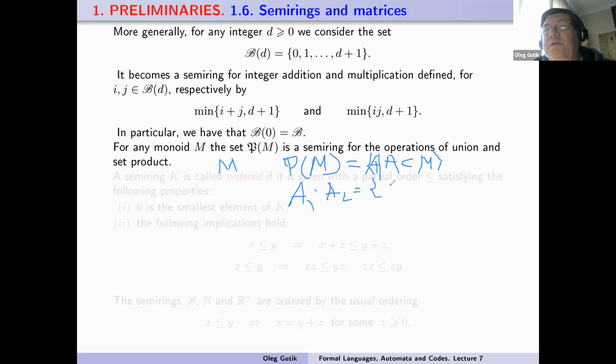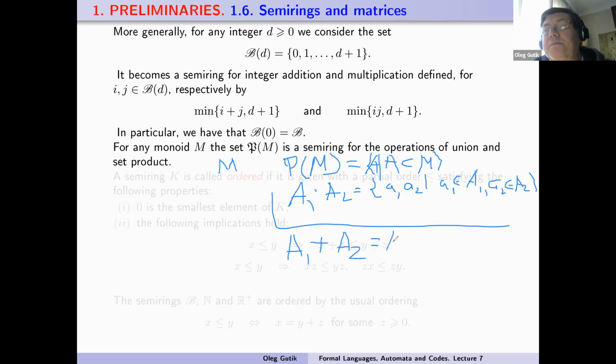It consists of such products a1 a2, where a1 belongs to A1 and a2 belongs to A2. So this is the multiplication operation, and the addition operation is the usual union.